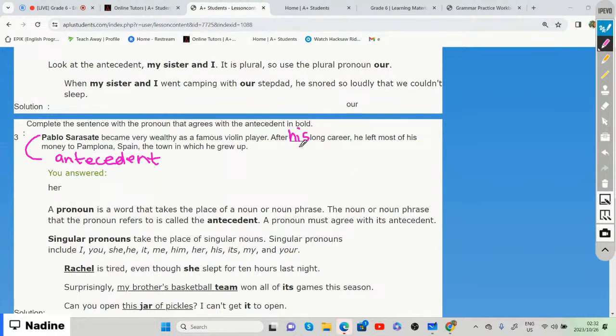So his, pardon, is our singular pronoun. It's a singular pronoun which agrees with or refers to or represents our antecedent, which is the noun Pablo Sarasate. So after his long career, he left most of his money to Pamplona, Spain, the town in which he grew up.